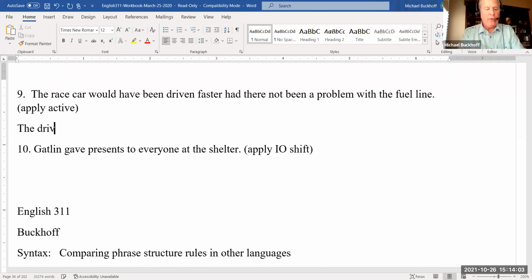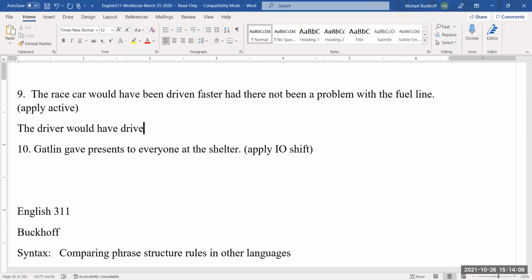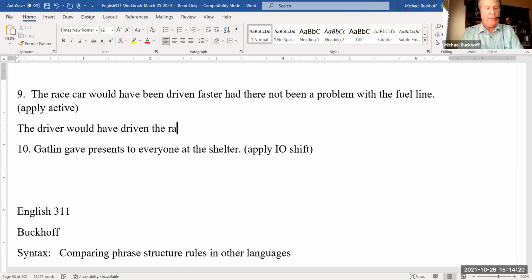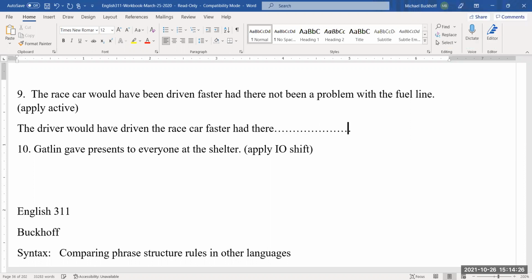So the driver, and then what? Would have driven faster. The race car. Yeah, I'm going to put would have driven the race car faster had there blah, blah, blah.